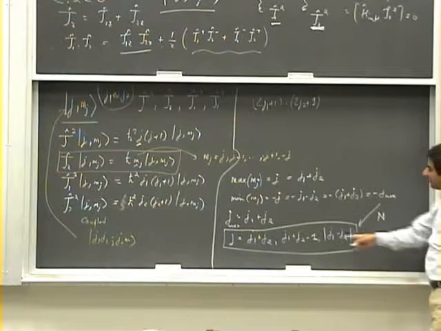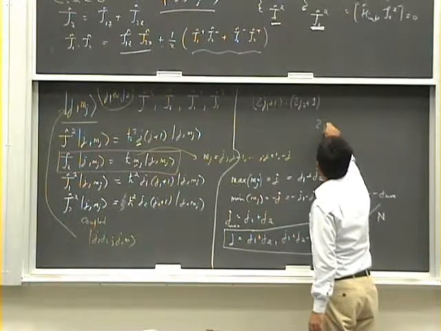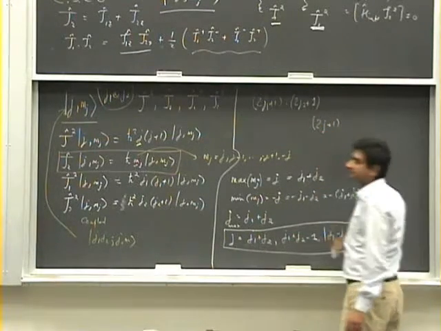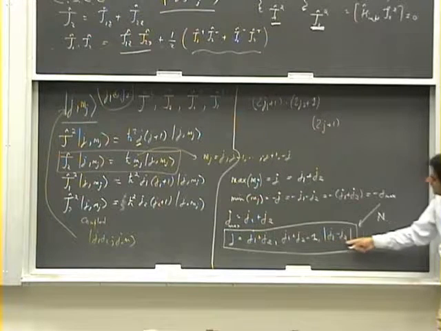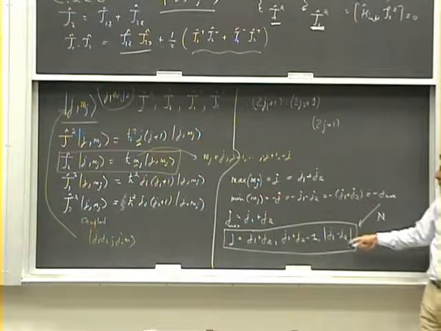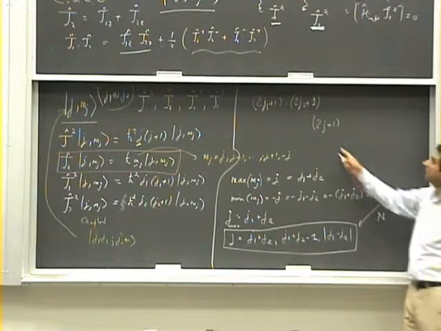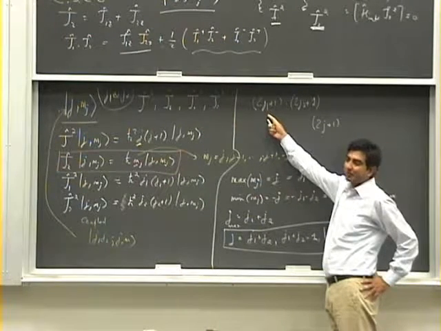Corresponding to each j value, I have 2j plus 1 states. So I can find the value of n so that the dimensionality of the system becomes equal to this. This is another homework problem.